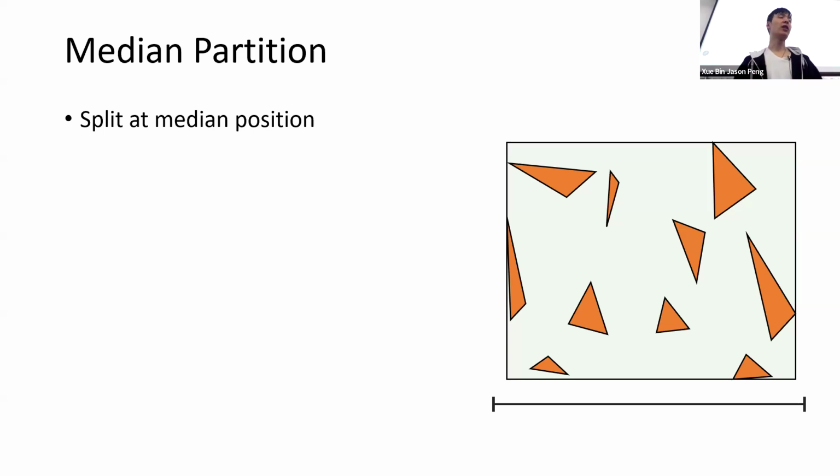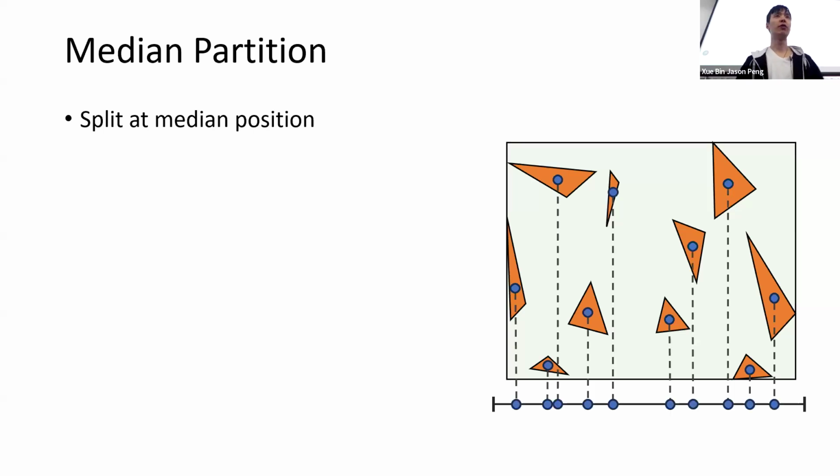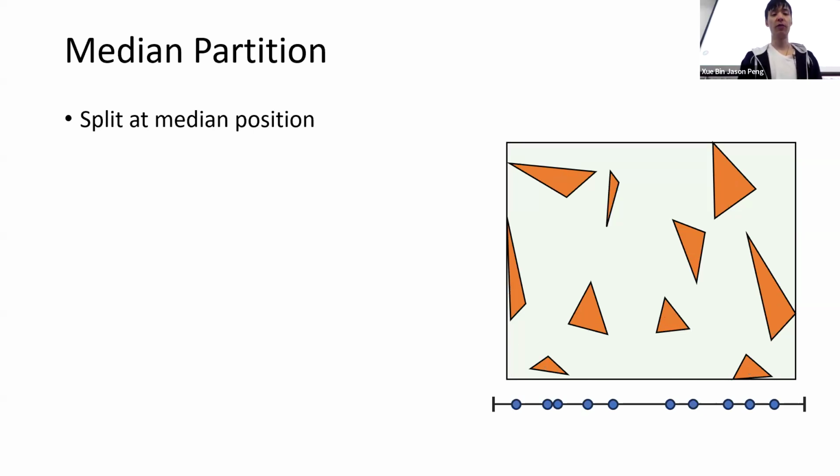For example, let's say we are going to split the volume along the x-axis. Then we're going to take all the objects and project them onto the x-axis. So we're going to get the x-coordinate of all of these objects, and then we're going to pick the median coordinate that splits all the objects into two different groups. So for this simple scene here, we might get a split that looks like this.